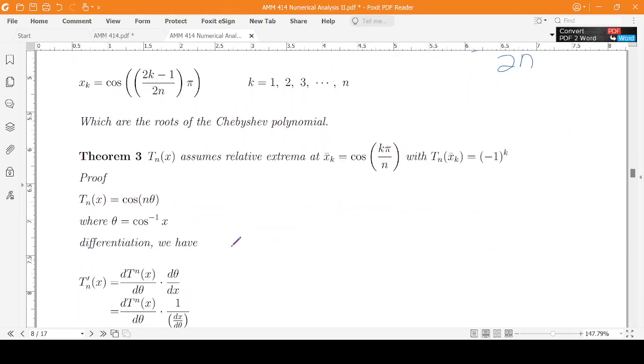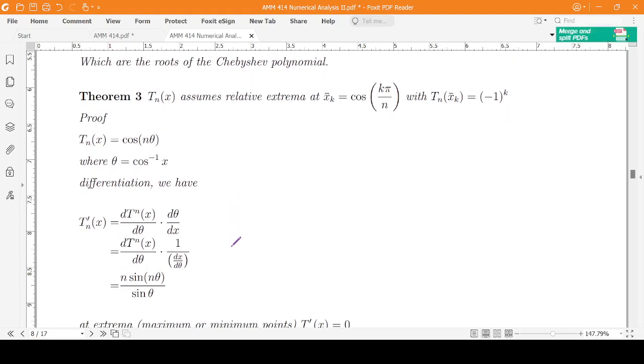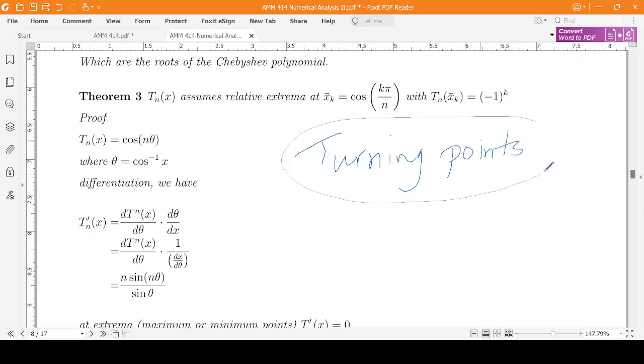Now the last theorem that we want to look at here is a theorem that we shall call theorem 3. And this one talks about the relative extrema of the Chebyshev polynomials. The extrema are the minimum and the maximum points, or basically the turning points. What are the turning points of the Chebyshev polynomials?